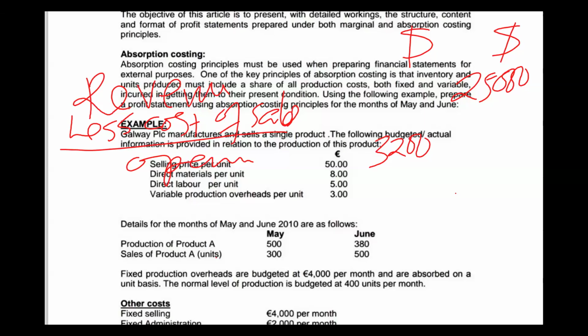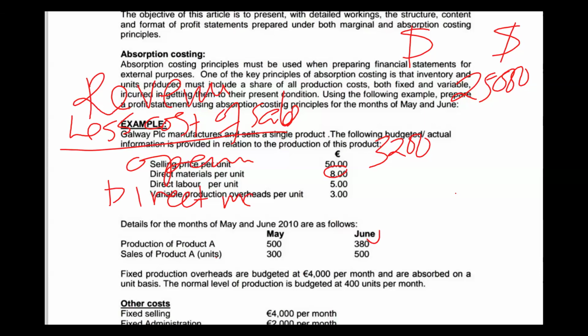And then from this, you can add direct material cost, which is 8 pounds per unit times the units that were produced, 380.